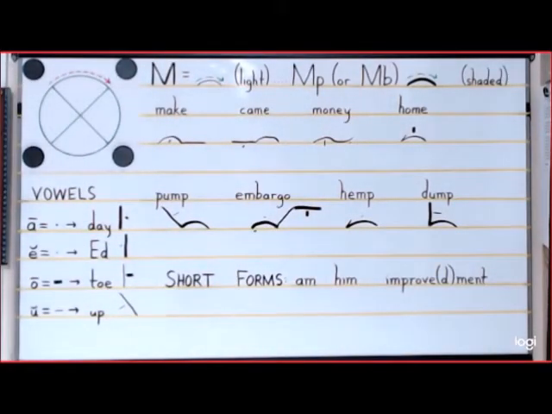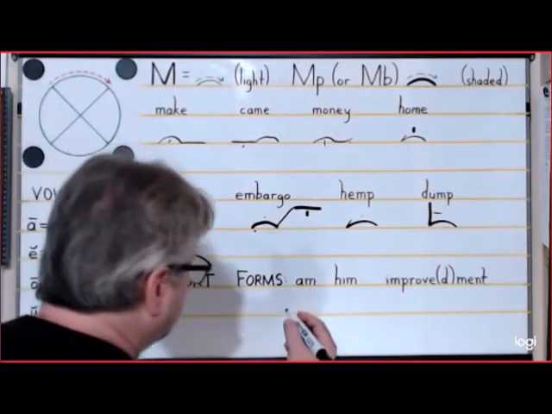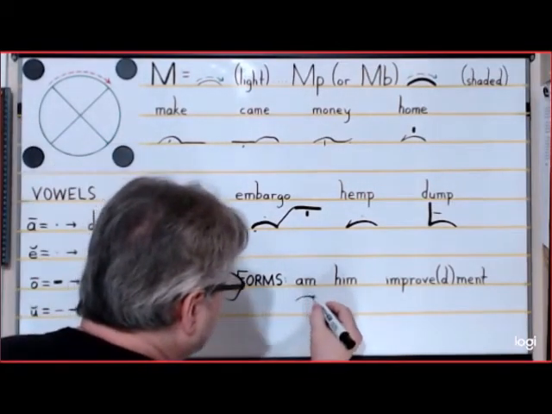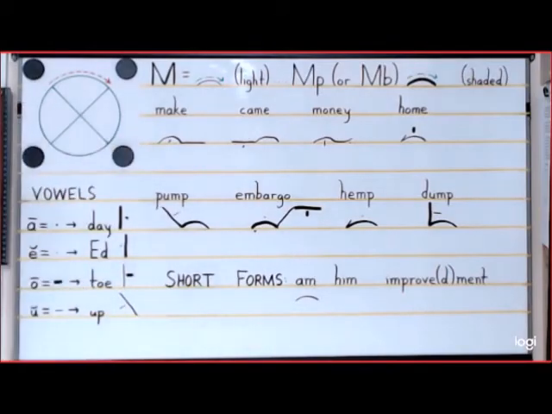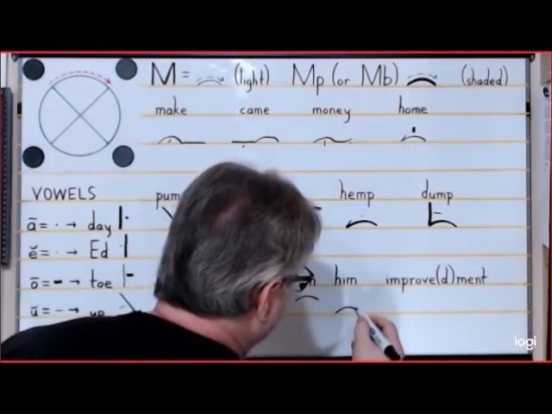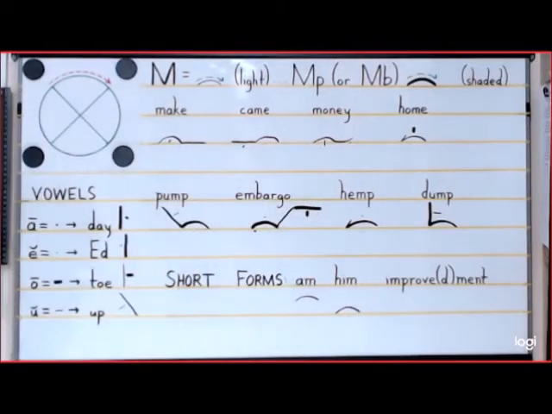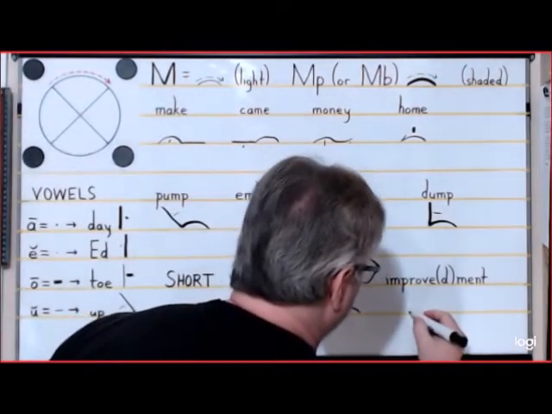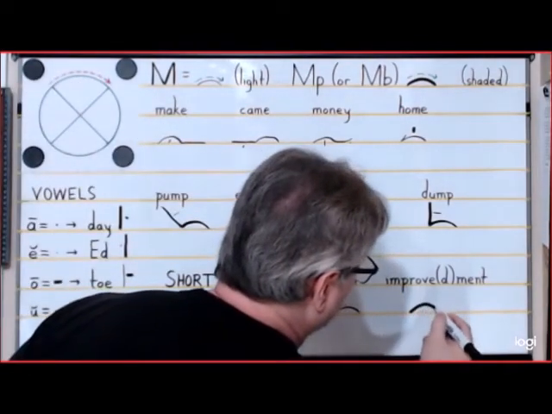For the short forms, the word am is an M that is above the line. For him, it is an M on the line. For the words improve, improved, or improvement is an MP stroke on the line.